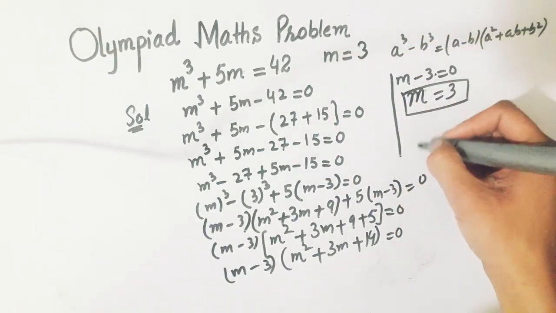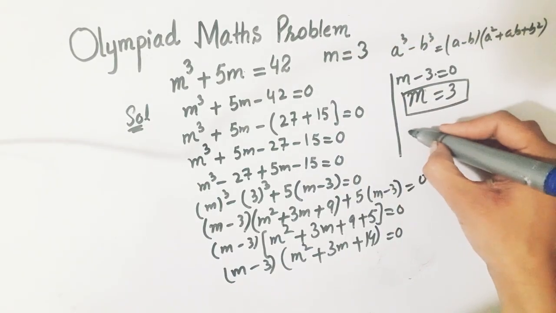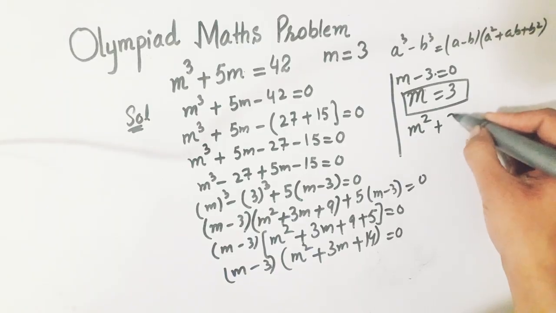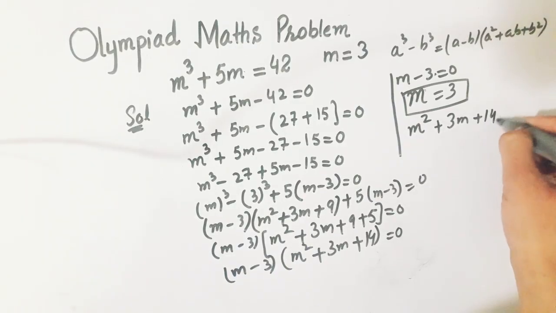Now for the other one, we will apply the quadratic formula to m square plus 3m plus 14 equals 0.